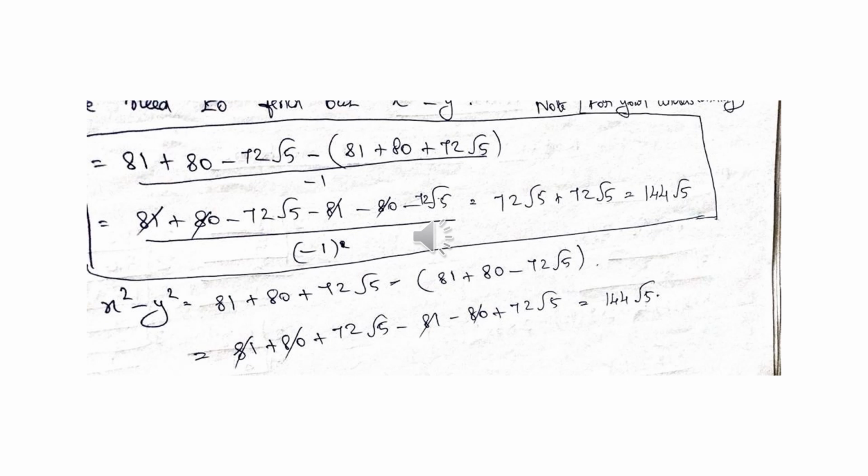Eighth sum, x is equal to 2 root 3 plus 2 root 2. Find 1 by x, x plus 1 by x, x plus 1 by x the whole square. Okay. X is equal to 2 root 3 plus 2 root 2. So 1 by x is 1 by 2 root 3 plus 2 root 2.